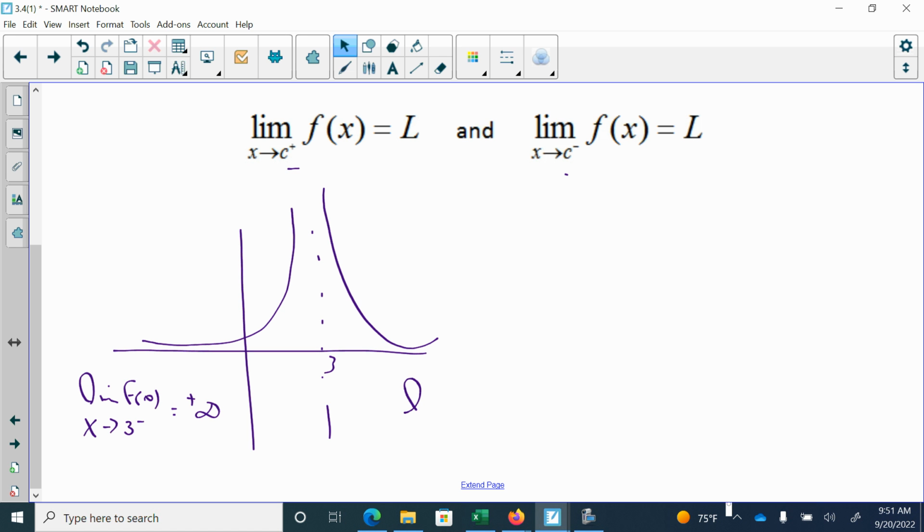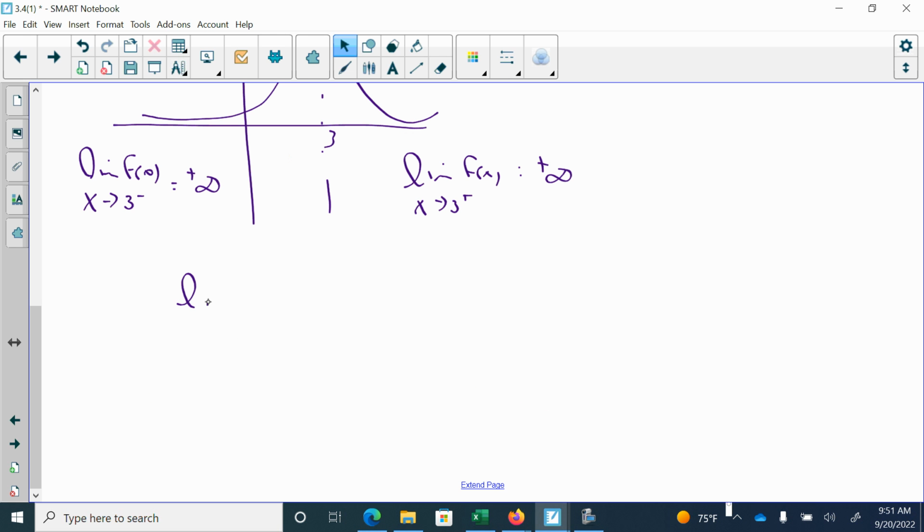If I asked you for the limit of f of x as x approaches 3 from the right, you would tell me positive infinity again. If I asked you for the limit of f of x as x approaches 3 without a direction, you would tell me what? Does not exist because it is not approaching one single number. Make sense? Even though I have positive infinity on both sides, the limit does not exist.